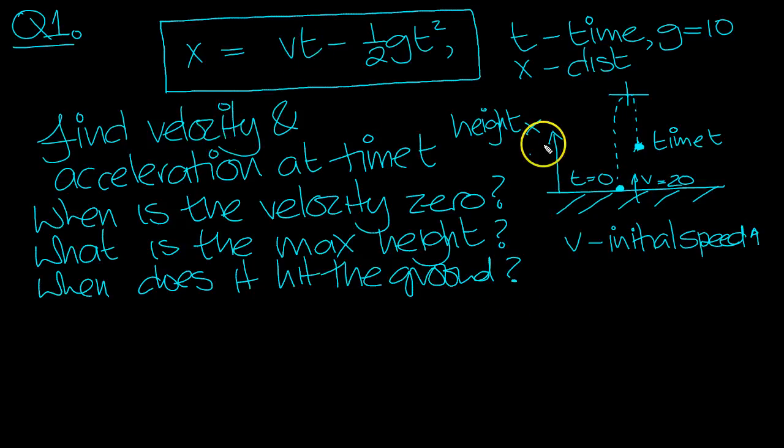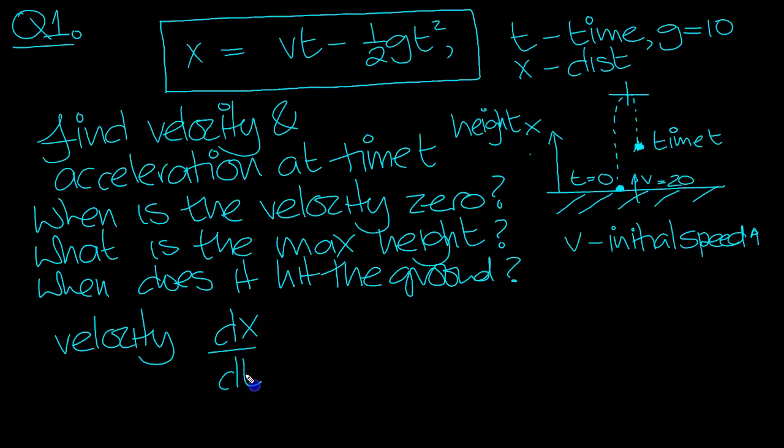Find the velocity. Well, x is the distance function, so velocity then is the rate of change of distance, which is dx by dt with respect to time. So dx/dt, differentiate with respect to t. V as a constant is just 20, so let's put that value in, because we're told the initial v equals 20.